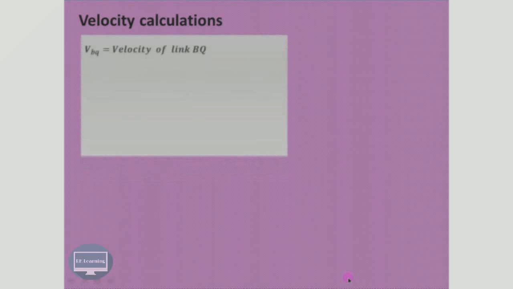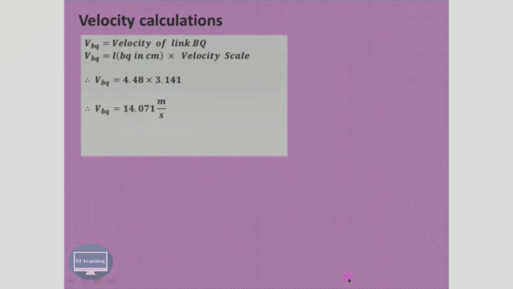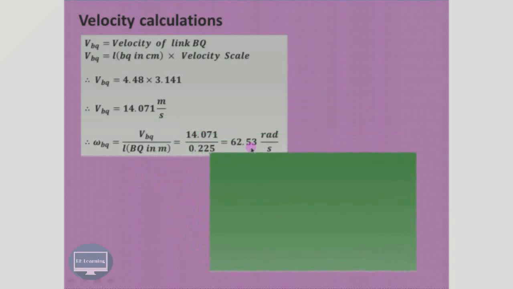Similarly, you can calculate the velocity of link BQ in the same fashion. So length BQ is 4.48 centimeter. You can calculate the omega also, that is VBQ divided by length BQ, the original link length in meter from our data which is given in the example. So we can get this particular value.